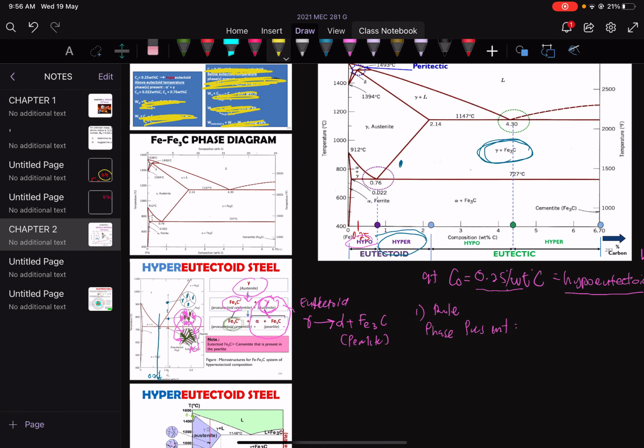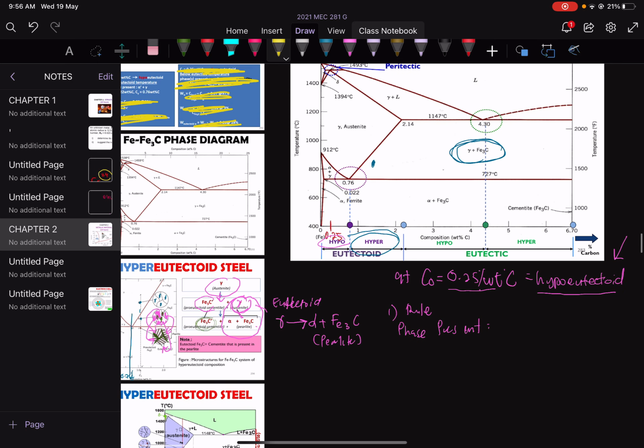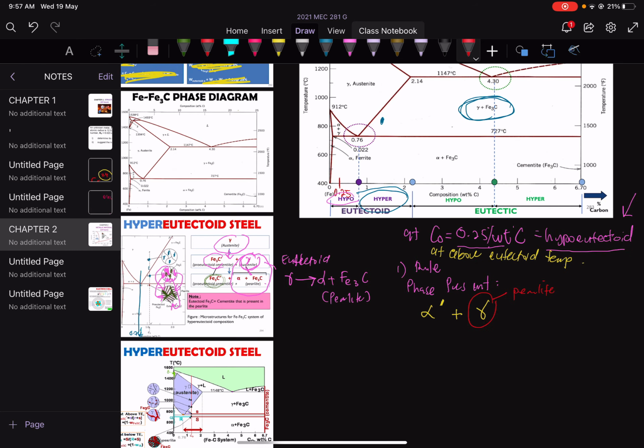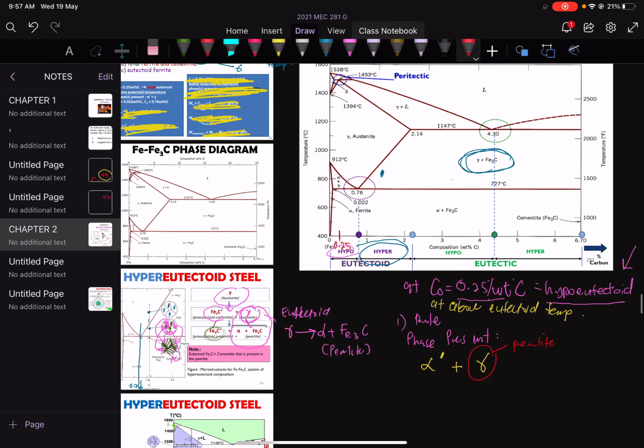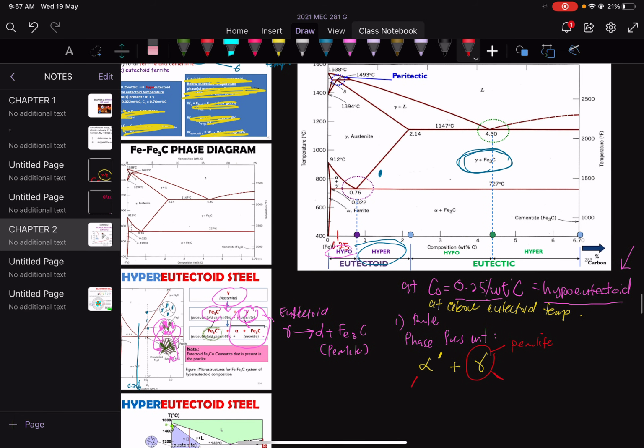The phase present is hypoeutectoid, and it is happening above the eutectoid temperature. The phases present are pro-eutectoid ferrite, alpha prime, plus gamma. Remember that all of this gamma will transform into pearlite later, so it's better to find the pro-eutectoid ferrite and pearlite from here.